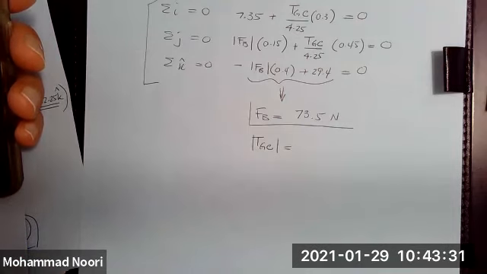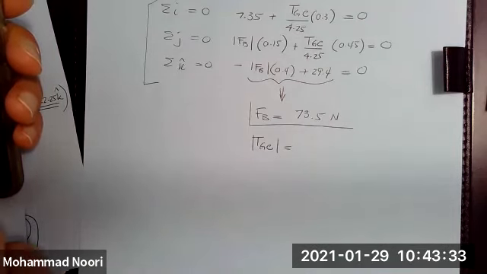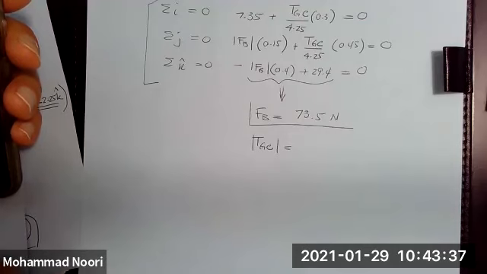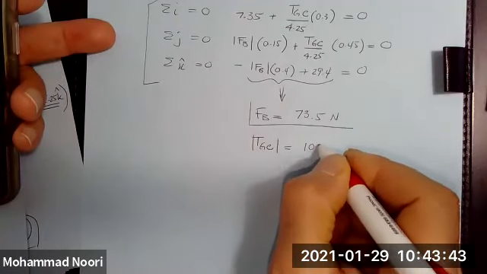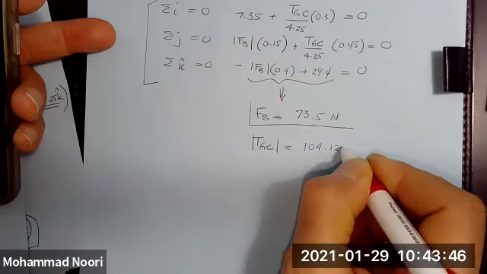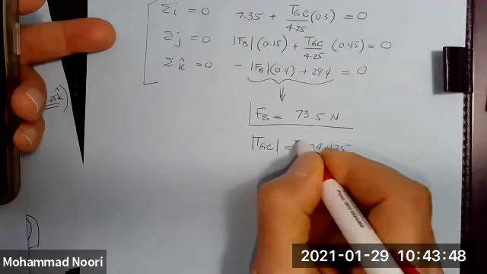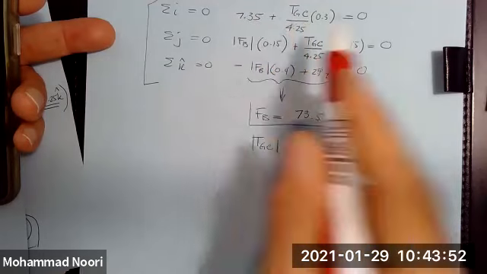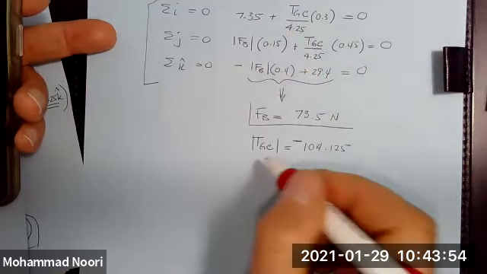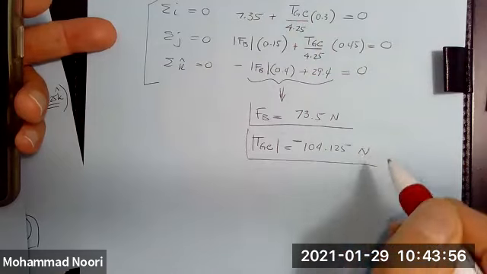Now let me do that again. 7.35 times 4.25 divided by 0.3 comes out to be 104.125, but it comes out to be negative, right? That means the assumed direction for that GC is wrong, but that's okay. I just leave it as that.